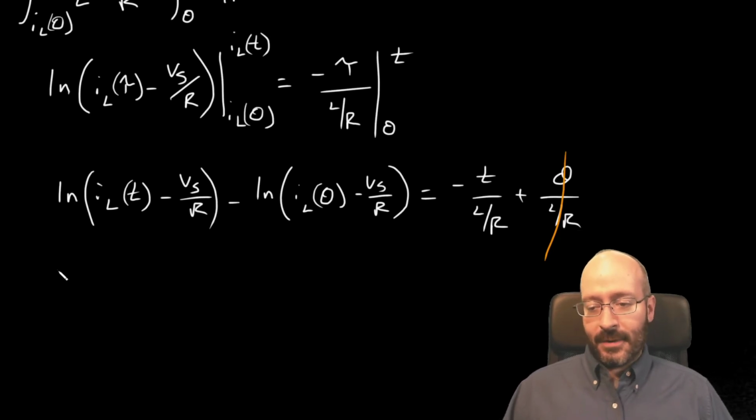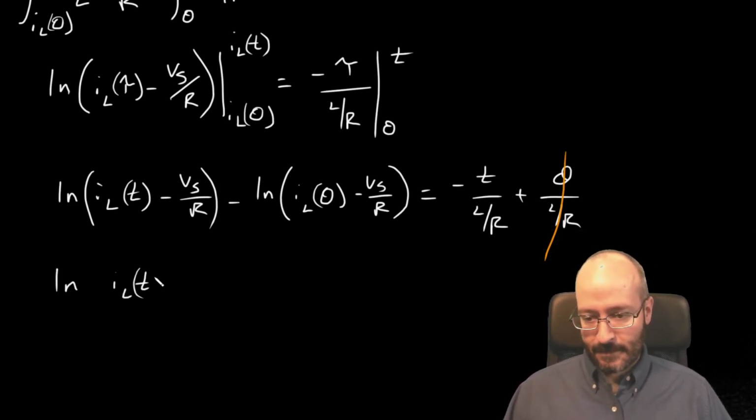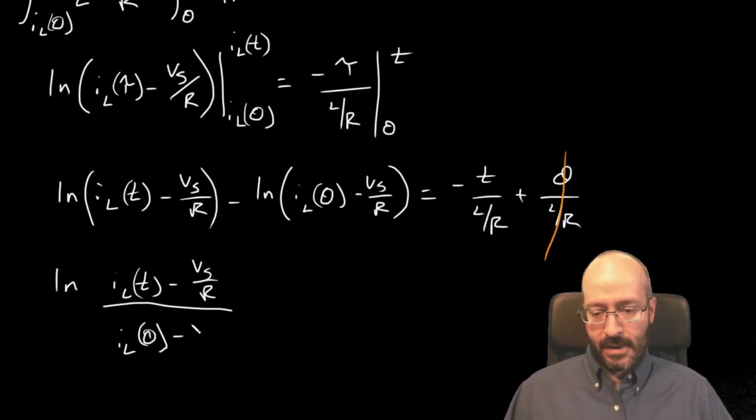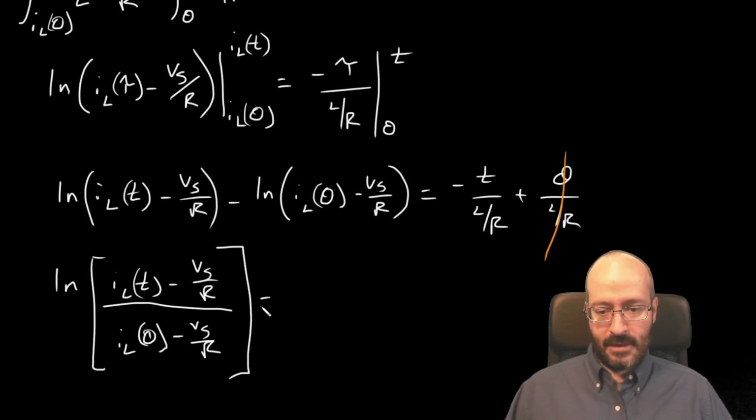Using that log property, just abusing that log property. I_L of t minus Vs over R, all of that over I_L of 0 minus Vs over R, and that's all equal to negative t over L over R.